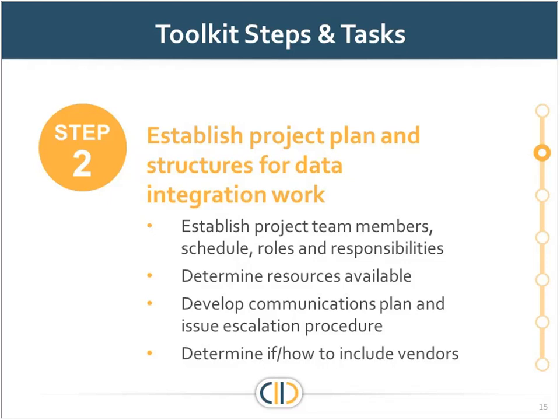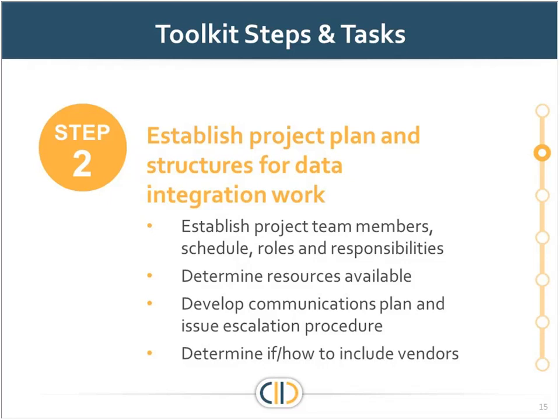Within this step, as many of you are familiar, this includes components of defining a project team, schedules, how the team itself would operate, but also ways to determine what resources are available to you within this effort. How will you communicate not only with state leaders, and escalate issues, but also with stakeholders within your state?